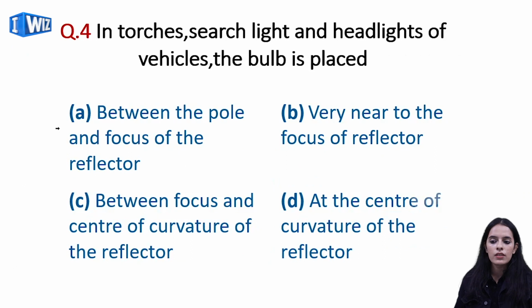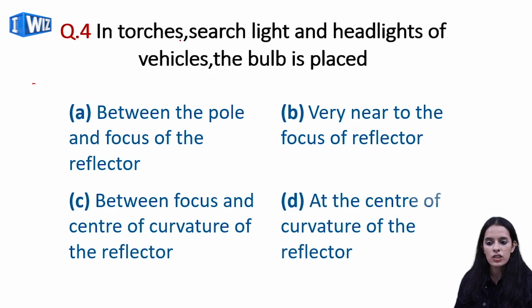In torches, searchlights and headlights of vehicles, the bulb is placed. First of all, you should know which type of mirror is used in torches, searchlights and headlights of vehicles. For that purpose, we should focus on the parallel beam of light, because a concave mirror is a mirror that forms a parallel beam of light.